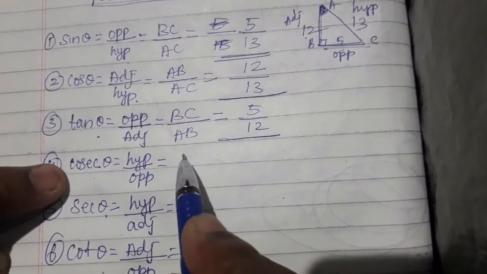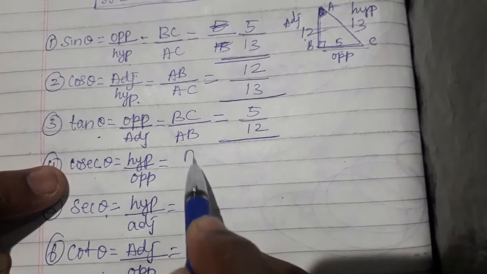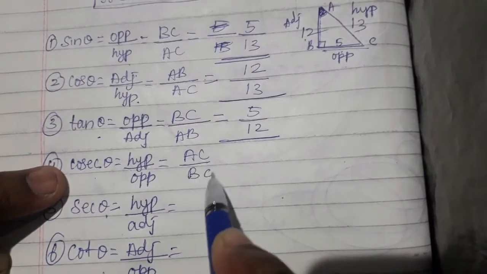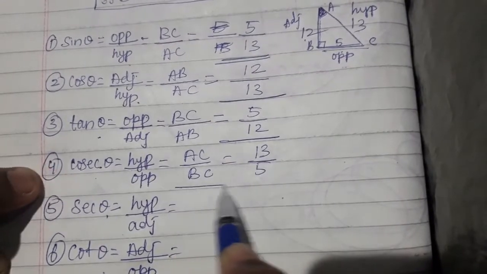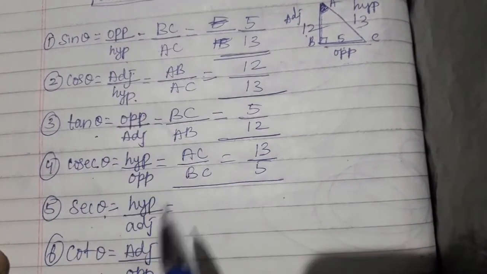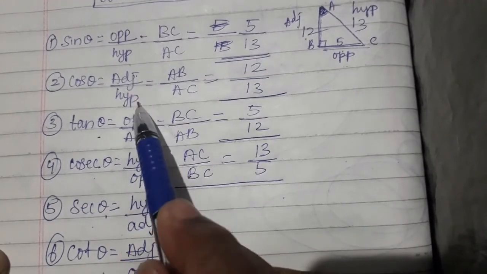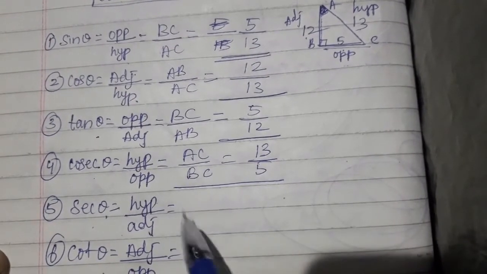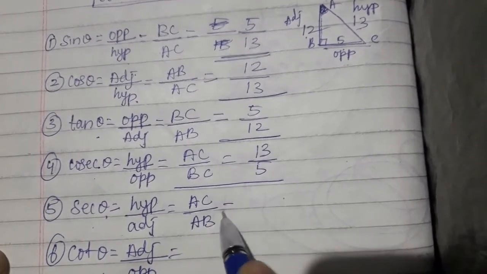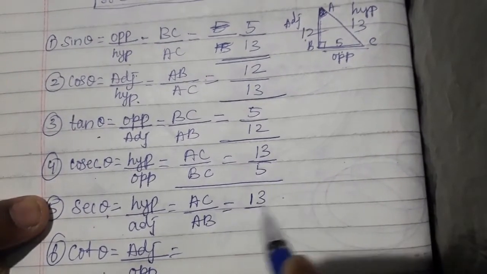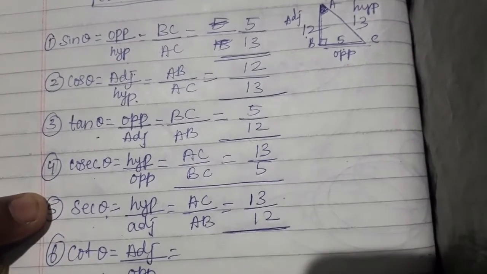So cosec theta is hypotenuse by opposite, that is AC by BC, 13 by 5. You got cosec theta. Next, secant theta, the reciprocal of cos theta. Here it will become hypotenuse by adjacent. Hypotenuse is AC, adjacent is AB, so 13 by 12. I got secant theta.